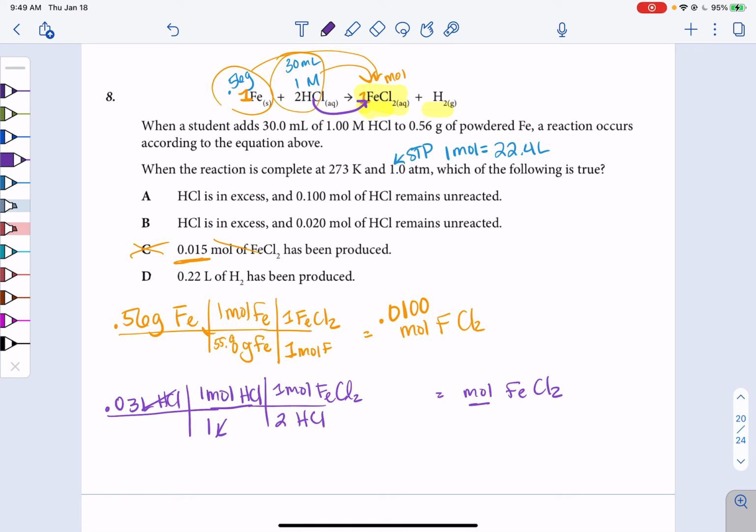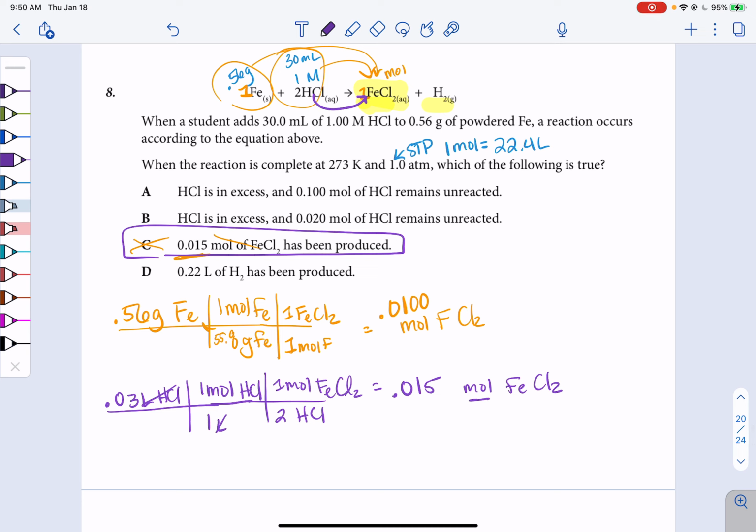So when you do that math, you end up with 0.015, which could be very tempting for C, because notice that that is the number that you got. But can you actually make 0.015 moles of iron chloride if you don't have enough of the iron to begin with? You cannot, okay? So this is the max amount of iron chloride that you can make. So C is not an option.